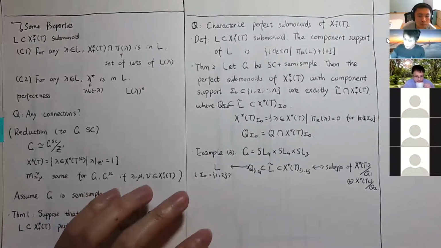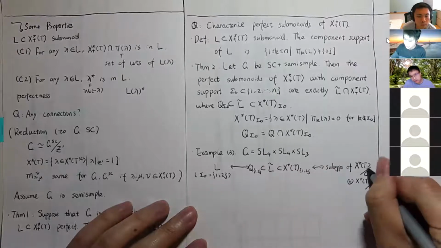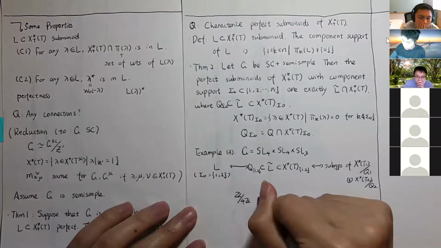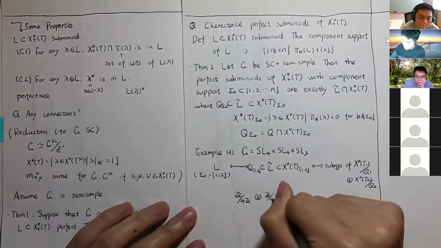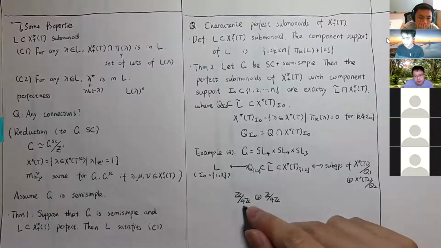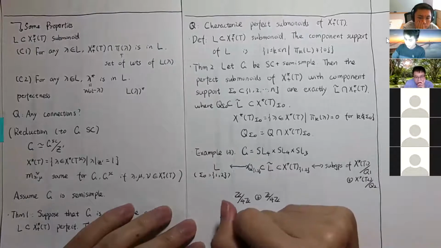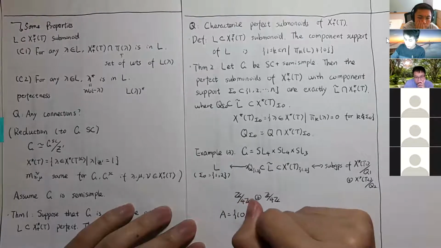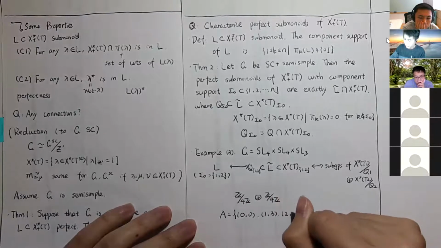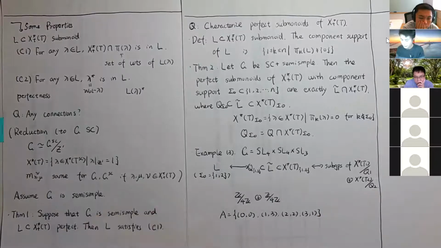And for this one, we know that these two are just the center, so it's just Z mod 4Z direct sum Z mod 4Z. So it corresponds to the subgroups of Z mod 4Z direct sum Z mod 4Z. For example, we can take A to be (0,0), (1,3), (2,2), and (3,1).